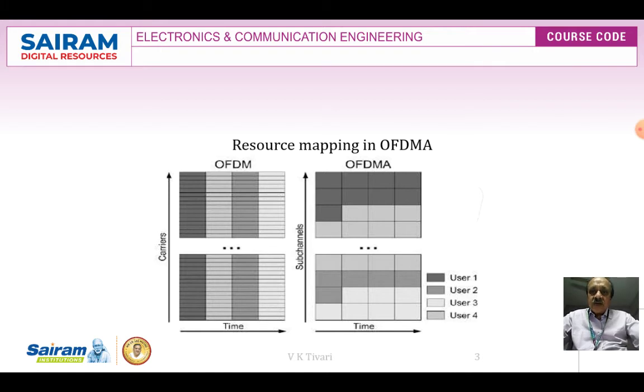You see the carrier is divided into subcarriers, so that the number of channels allocated to the various users 1, 2, 3, 4 is increased, whereas initially it was two only. You can see that user 4 is getting multiplied, and that is why capacity is increased, and that is a good feature of LTE.